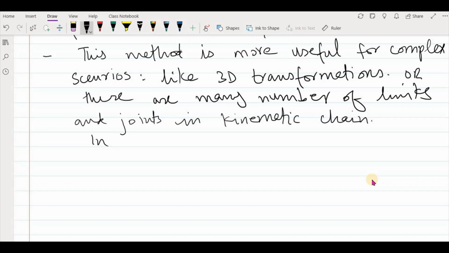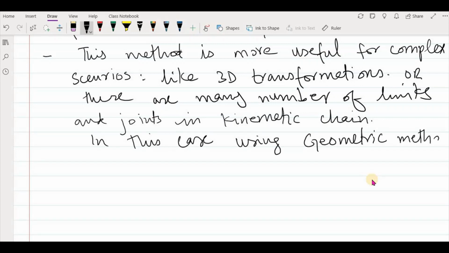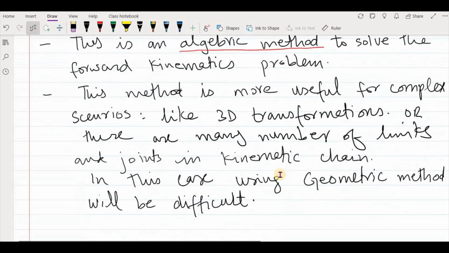So in this case, using the geometric method will be difficult, especially when the situation is very complex.